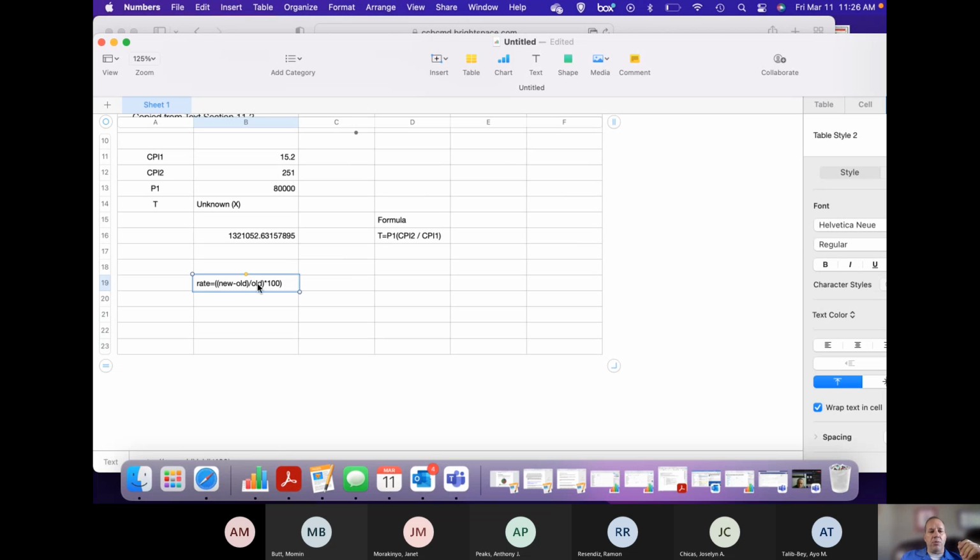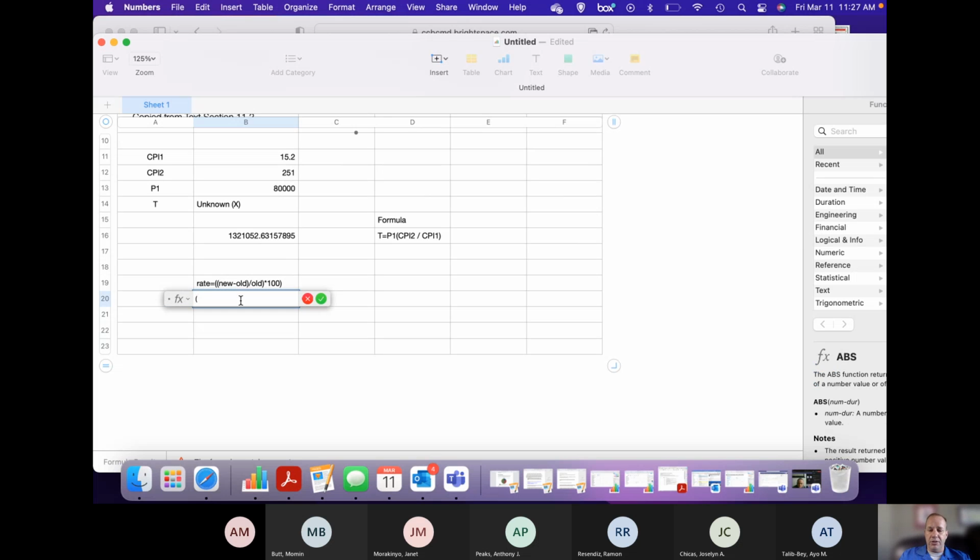So we can find out what that was for CPI. If we want to know how much inflation has happened from the present time back to that earlier time, I'm going to fill this in. I'm going to use double brackets for the top here.